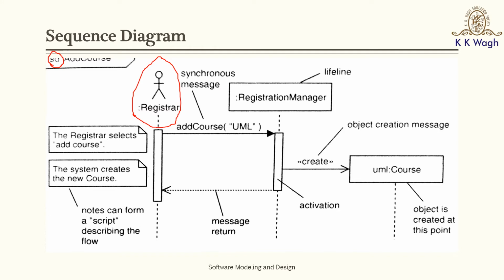The object gets created, and that is called a UML course. So in this case, first of all, the registrar sends the message to a registration manager to add a course, that is UML.